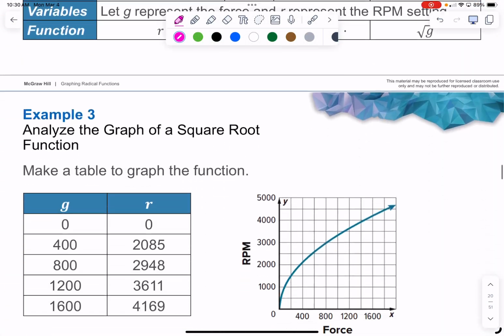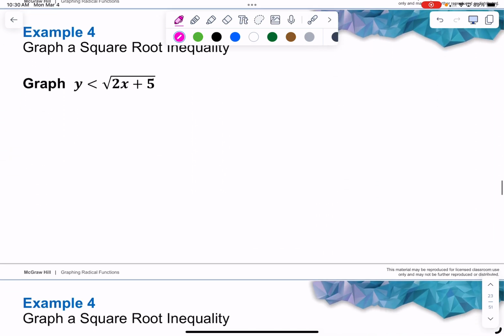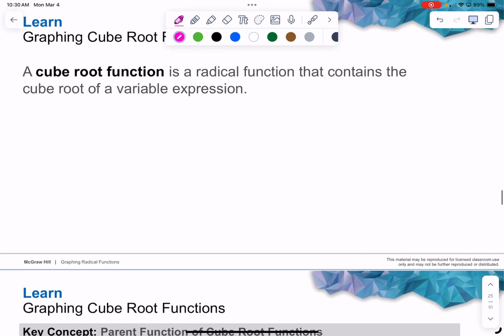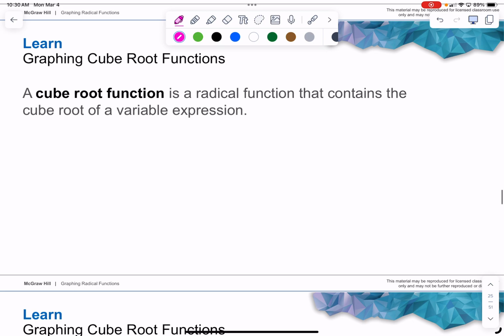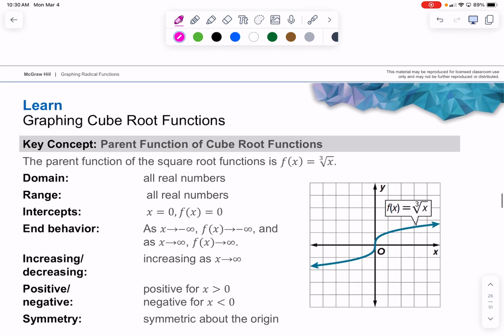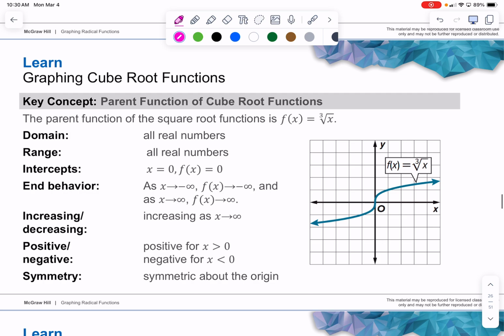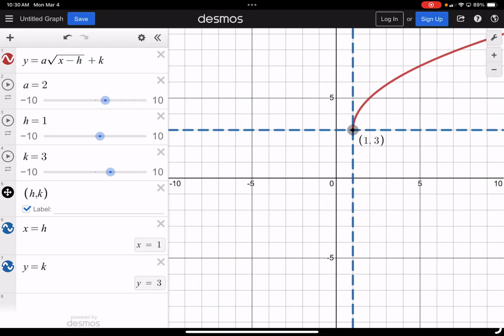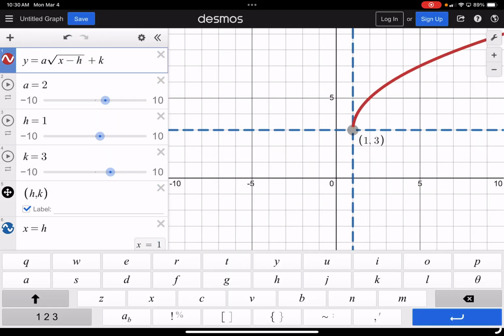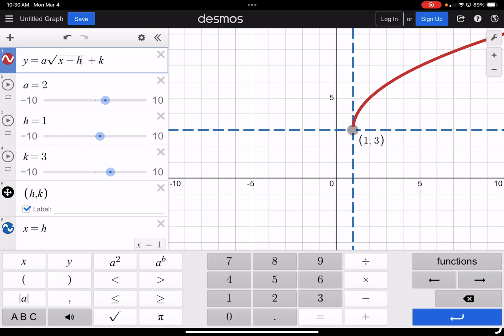Now we're going to go on to cube roots. And these are radical functions that contain the cube root of a variable expression. So we're going to change all of this to cube roots instead of square roots. Okay, I've got to redo this radical expression.